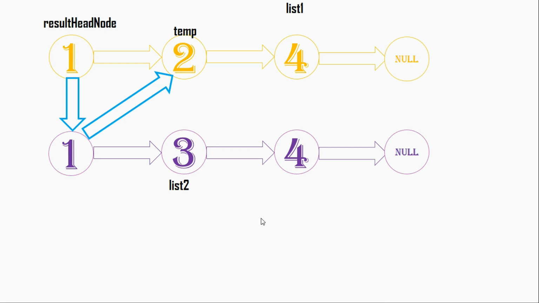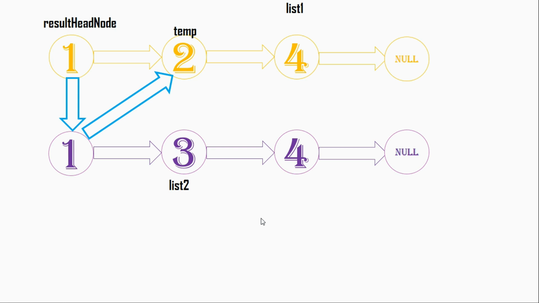Now again it will check list 1 is not null and list 2 is not null. So it will check whether list 1 node value is greater than list 2 node value. Yes, it is. So my temp will point to list 2 node.